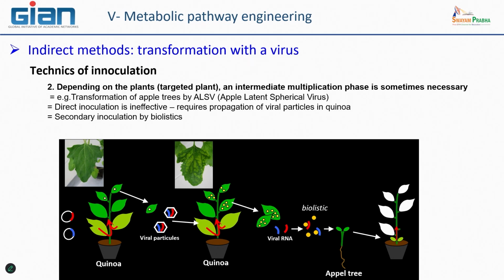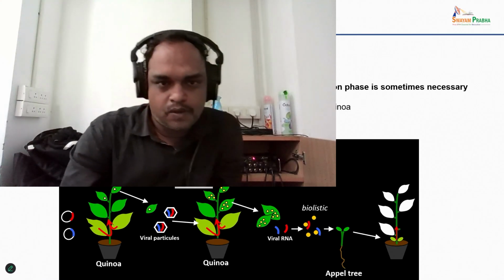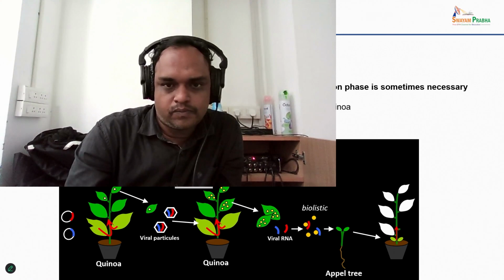It's a direct mechanism, not an indirect method, but a direct method, named biolistic. This means that in this case, the virus particles are just at the beginning of this type of protocol, in order to multiply the good RNA. It's a way to multiply it.